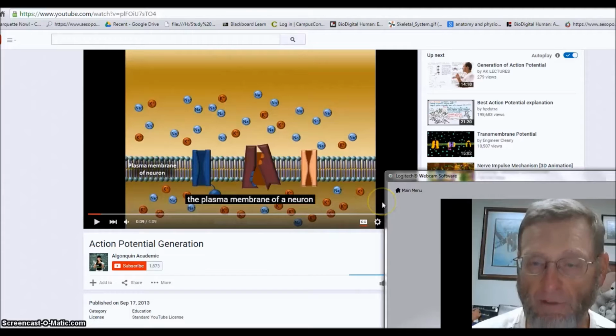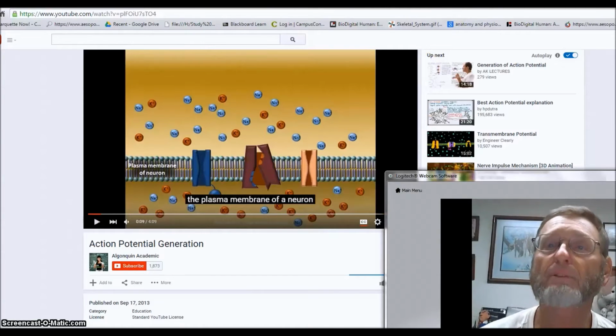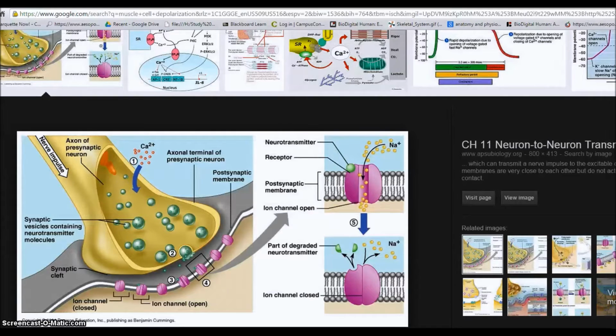So when that gets down to the end of a neuron, what happens? Well, let's look at this diagram. So here's the end of the neuron. We got a bunch of vesicles here, and this is the neuromuscular junction. So we have a neuron on one side, and the muscle down here, and the gap between is called the neuromuscular junction. And at the end of all nerves are synaptic vesicles that have neurohormones in them.